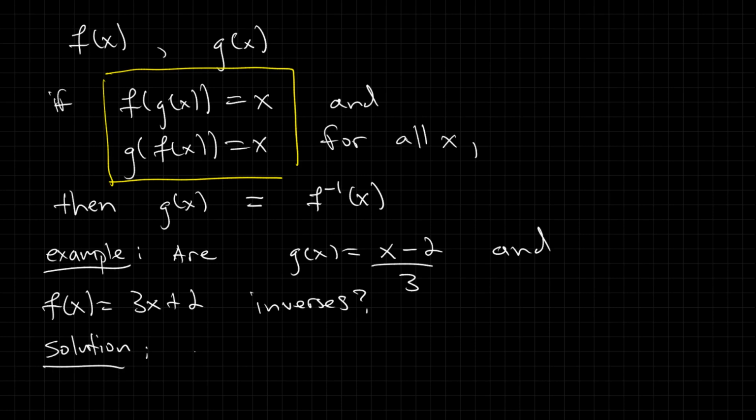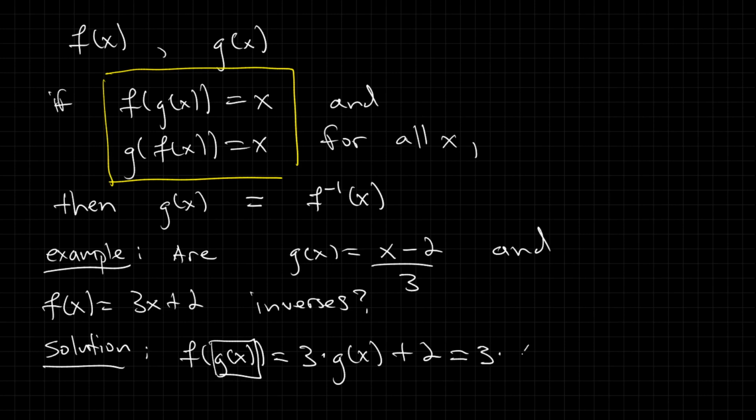So let's take a look at f of g of x. In order to do this function composition, we first have to take a look at f. And everywhere we see an x, we have to replace it with what the inside function is. So 3 times g of x plus 2. Now we know what g of x is, so we can replace g of x with its definition. This is going to be 3 times x minus 2 all divided by 3 plus 2.